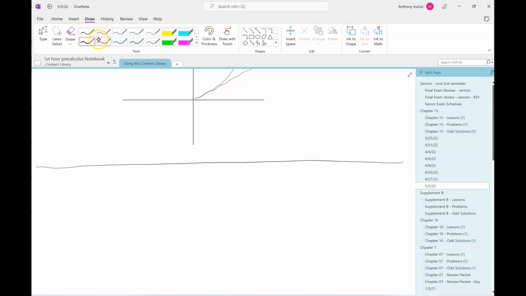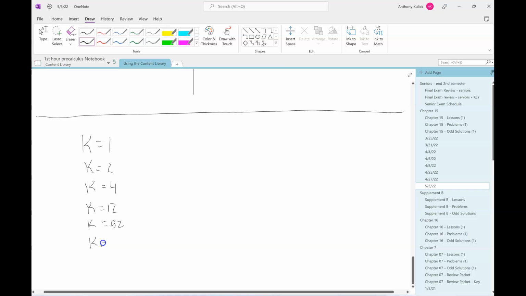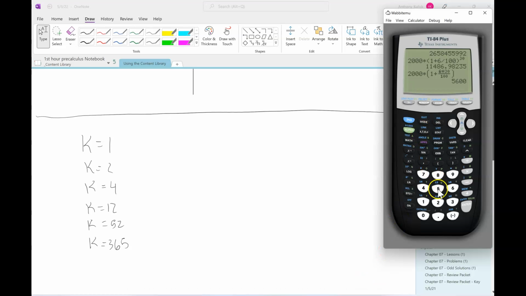So let's look at k equal 1 to, let's see, annually, semi-annually, quarterly, monthly, weekly, and then daily, I think, would probably be sufficient. So let's go back and I'll just redo it.